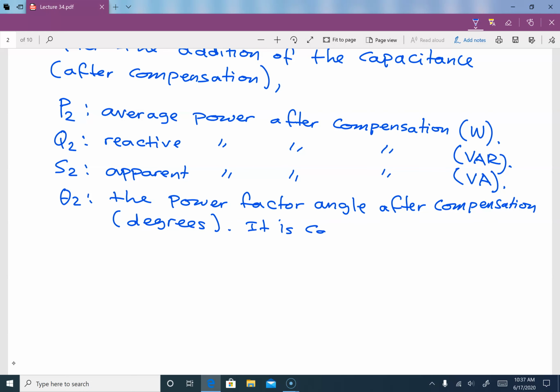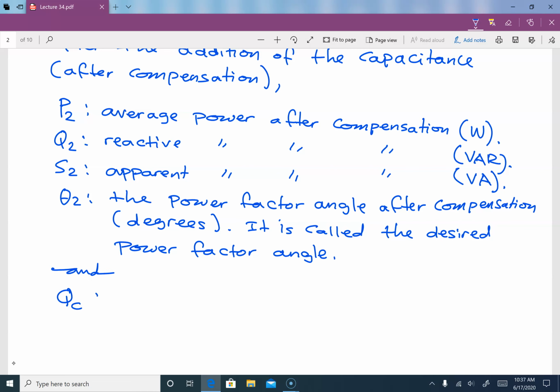It is called the desired power factor angle. And QC is the reactive power of the capacitor.